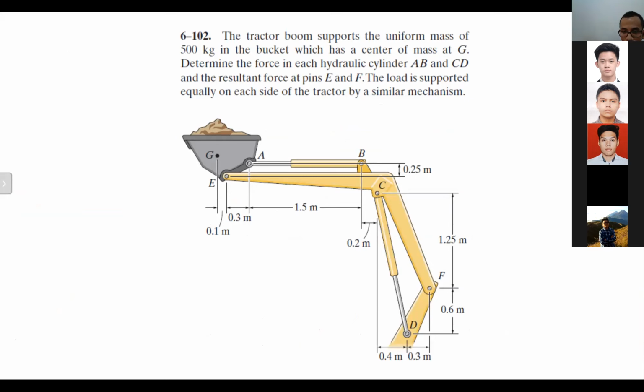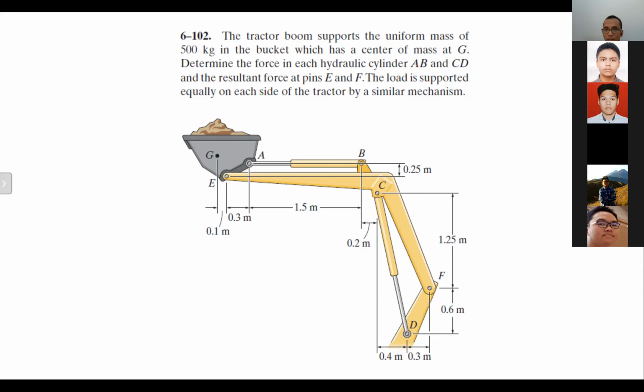Who here should I ask? Aaron David, yes, sir. What do you think? Is this problem a truss problem?